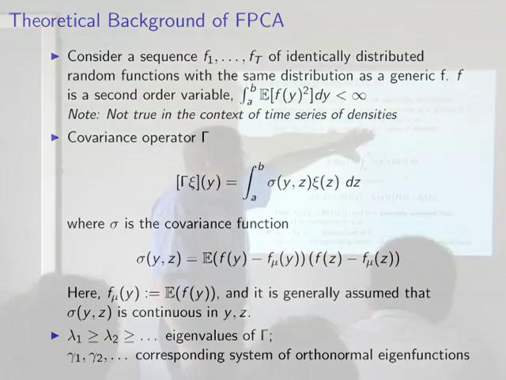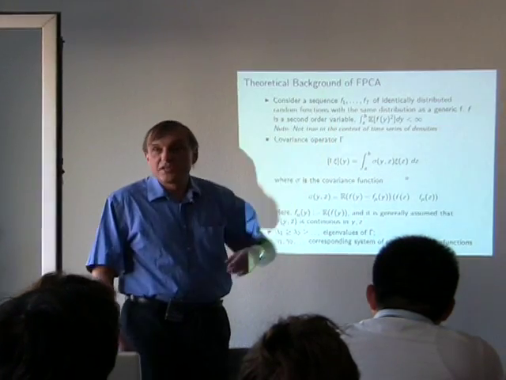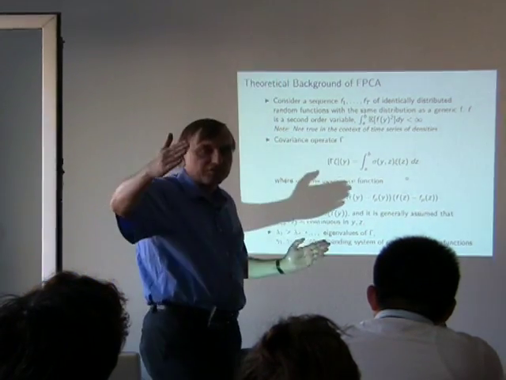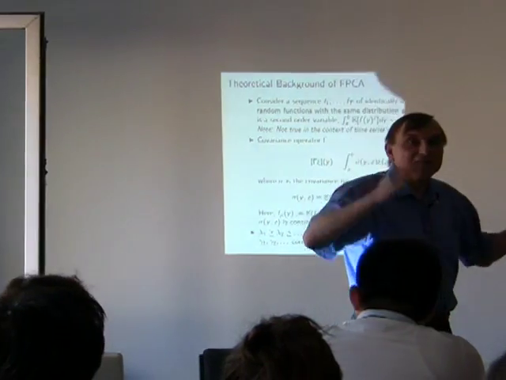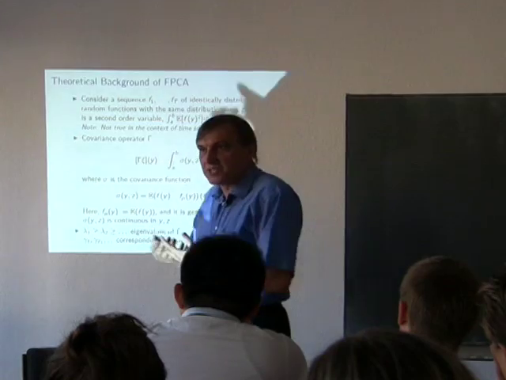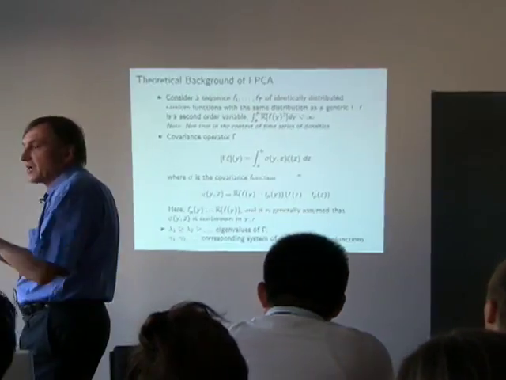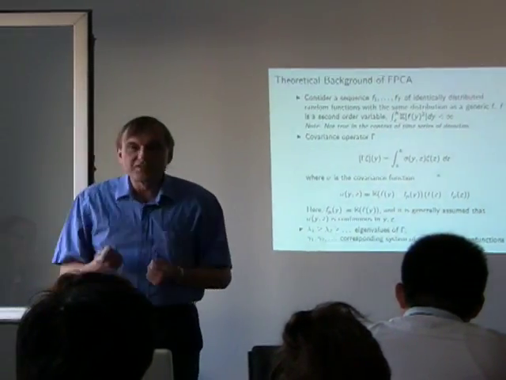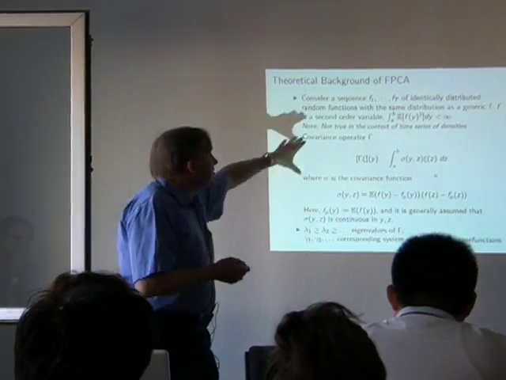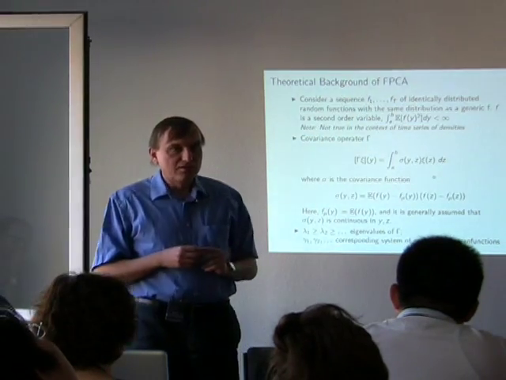This is not something that makes sense in the context of our income density, because these are just income densities over different years. This is not an IID sample. There may be stochasticity in it, but you can't say that these are independent. The income densities of 68 and 69 are not independent. But that's just to give you the general context.